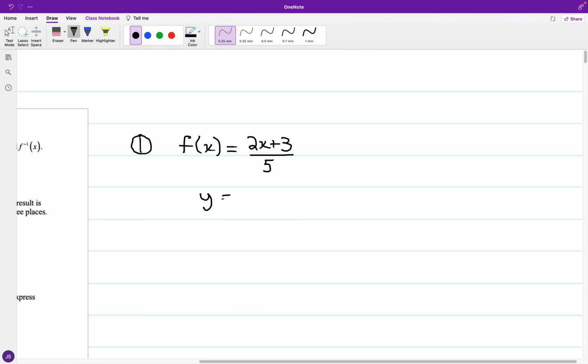Again, for this f of x, putting it in terms of the variables x and y, we have y is equal to (2x plus 3) over 5, and crossing over to the inverse, we initiate the process by interchanging the variables x and y.